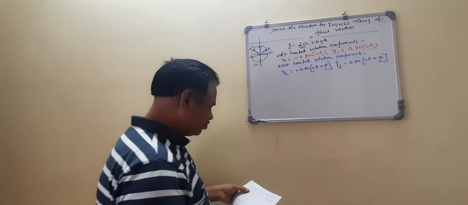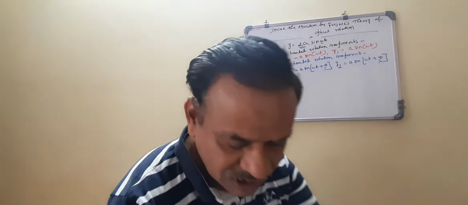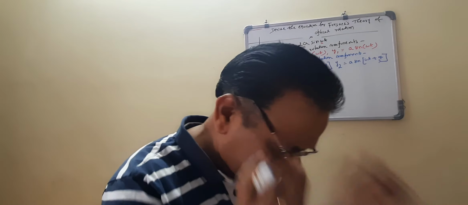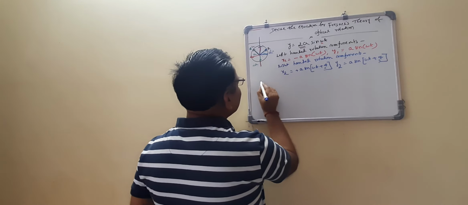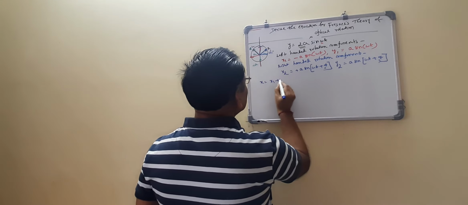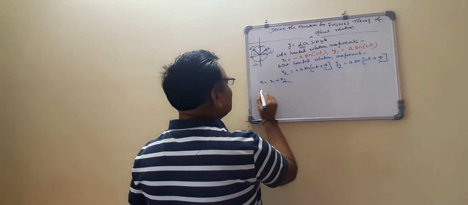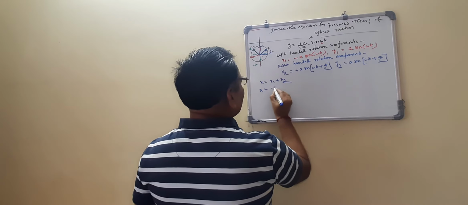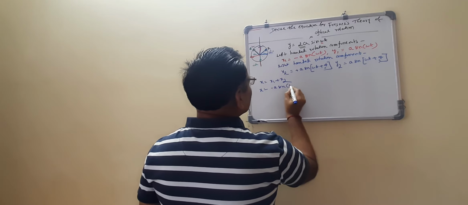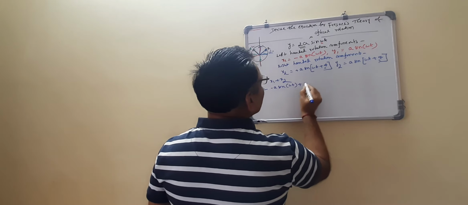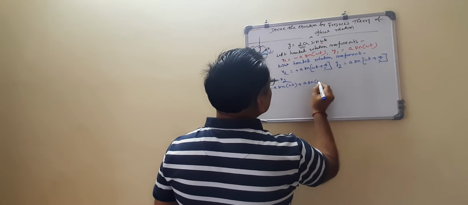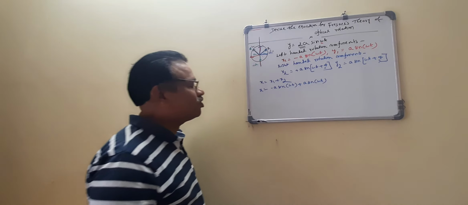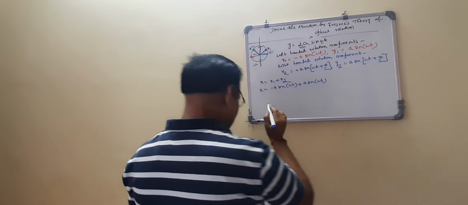Now adding the components, x equal to x1 plus x2 I am writing here. Equal to minus A into sine of omega t plus A into sine of omega t plus phi. A is the common factor.